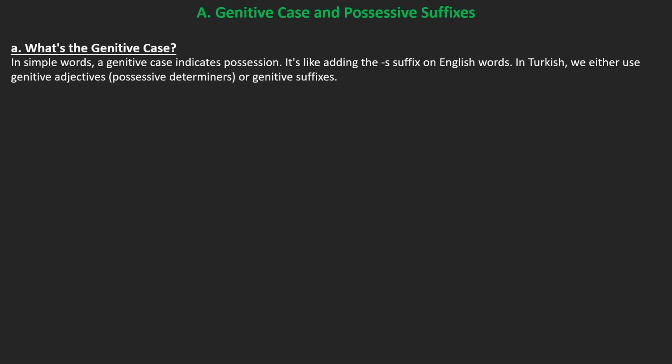We sometimes use the genitive adjectives. They are also known as possessive determiners, and then genitive suffixes. And yes, when you say my Turkish learning server, it's the server that you always join, but it's not technically the owner.